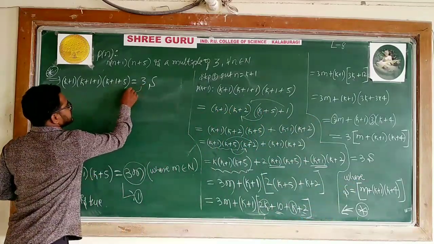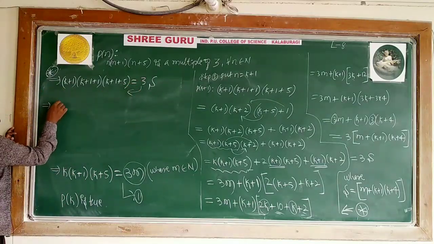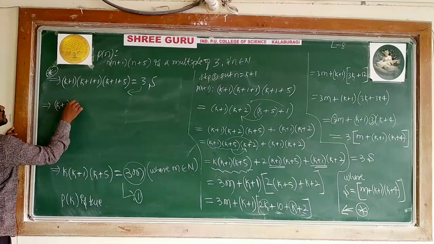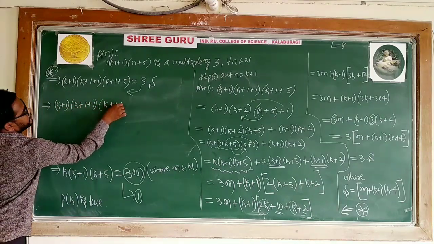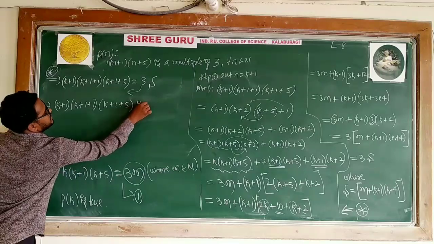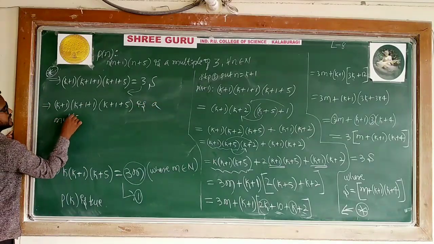Means I can say that this is a multiple of 3. Means K plus 1, K plus 1 plus 1, K plus 1 plus 5 is a multiple of 3.